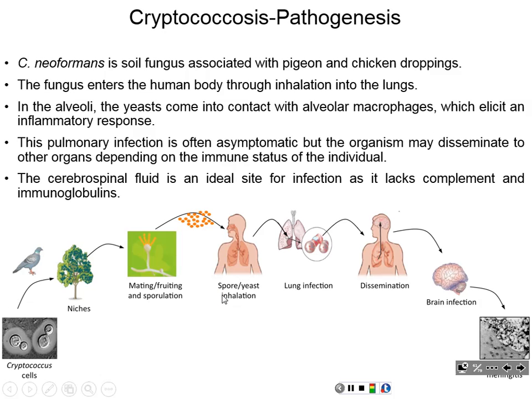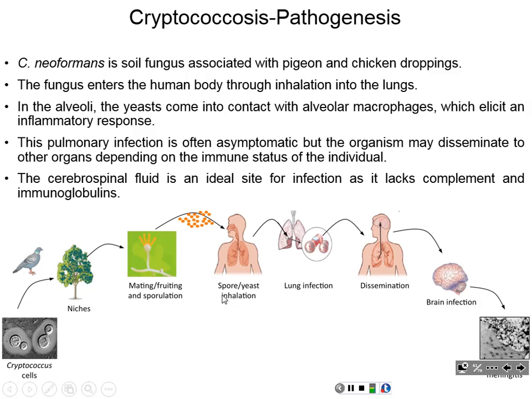So Cryptococcus, if you've had this in MedMacro already, I hope your brain lit up with AIDS patients and pigeons. And if not, then when Dr. Krupa teaches this, I want you to think AIDS patients and pigeons. It's a soil fungus that is associated with pigeon and chicken poop.